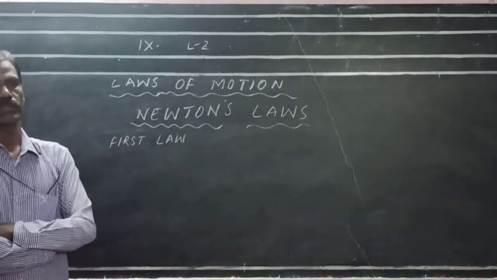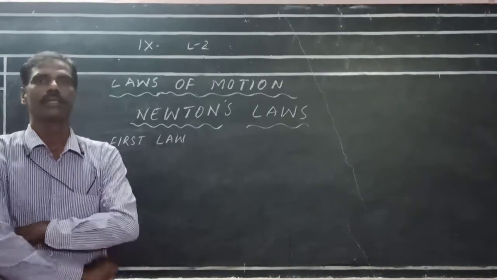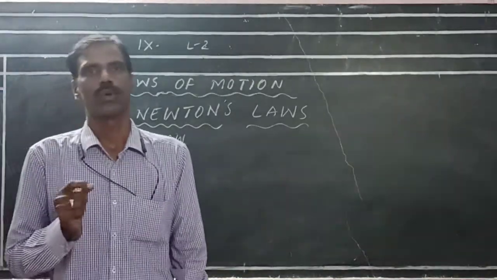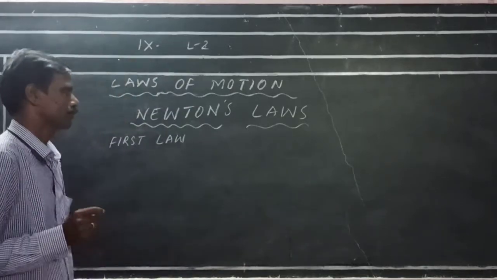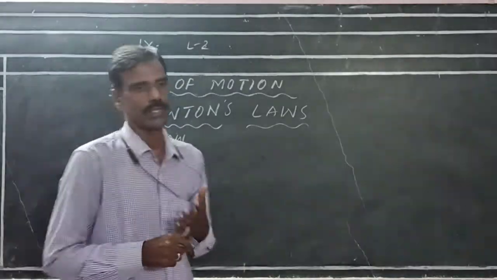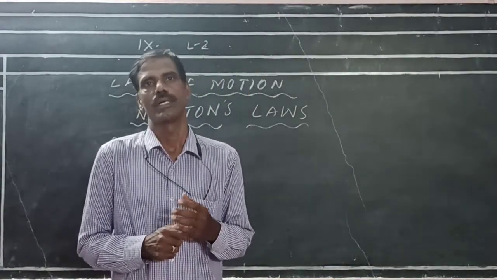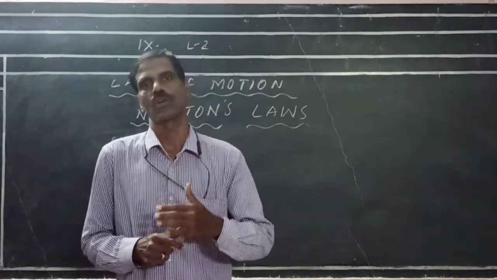The first law of motion, again I am explaining, states that a body which is in motion tries to be in motion unless it is compelled by an external force to stop it.